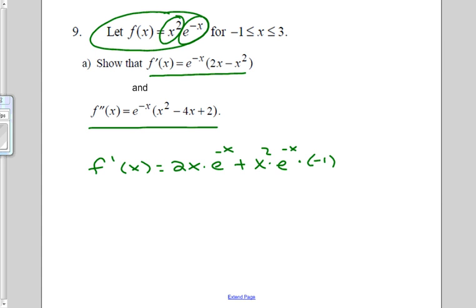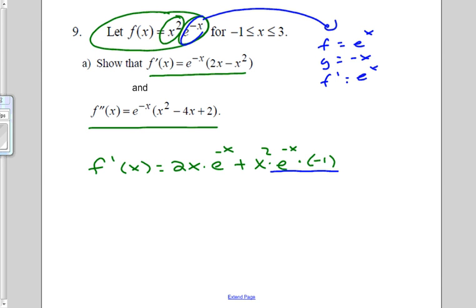Just maybe to pull this over here, we've got f being e to the x, g being negative x, f prime is e to the x, g prime equals -1. So if we have f of g of x, the derivative of that is going to be e to the negative x times -1.